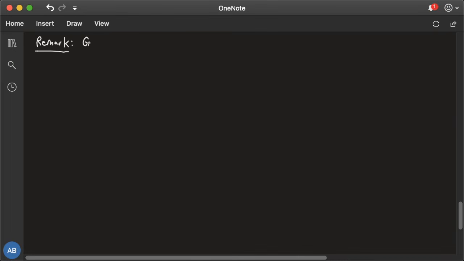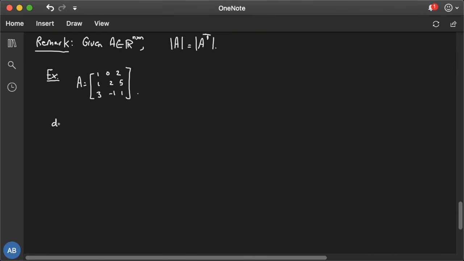Given a square matrix, the determinant of A is equal to the determinant of A transpose. Let's see this through an example. So let's say I've got A, which is 1, 0, 2, 1, 2, 5, and 3 minus 1 and 1. Computing the determinant of A, let's pick the first row.